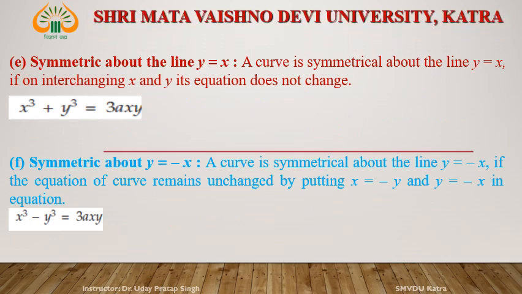Now, symmetry about the line y equal to x. Any curve is symmetric about the line y equal to x if we interchange x and y and the equation of the curve does not change. For example, see this curve.